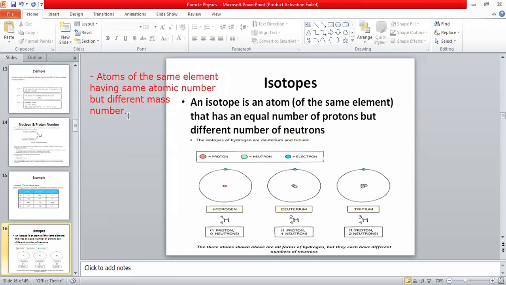This is one of the definitions. The other definition is written in this black: an isotope is an atom of the same element that has an equal number of protons but different neutrons. And these are the examples of hydrogen.